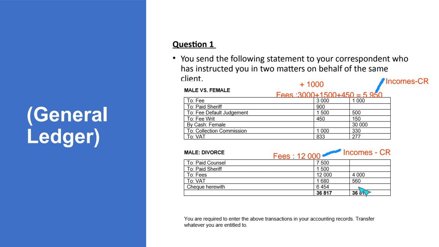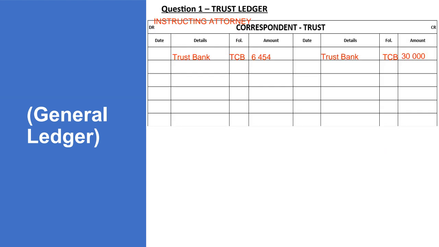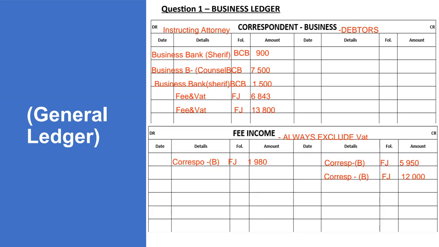Okay. So this here, they did calculate, this is the VAT that you have here, and then this is the VAT that you have here. But don't worry about this, as long as you know how to calculate VAT. So I'm only having 4,000. I want to go back there and record the 4,000, okay?